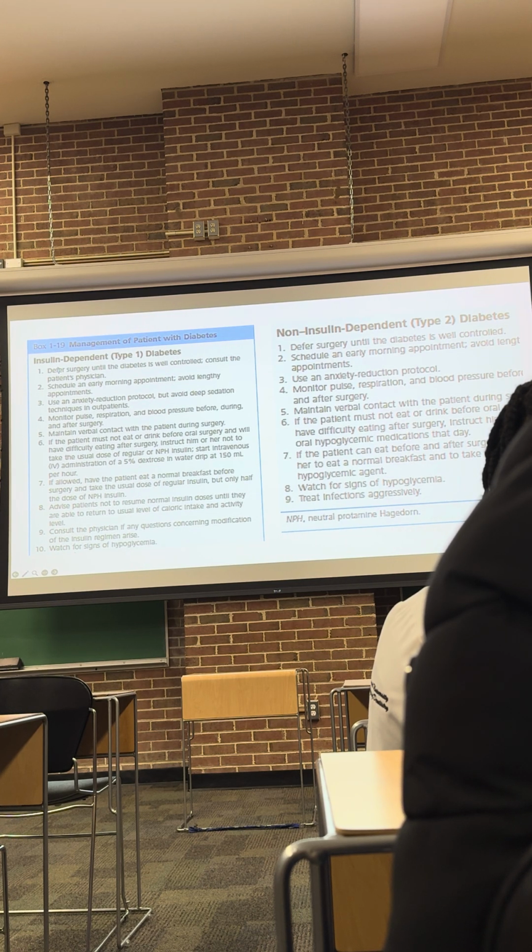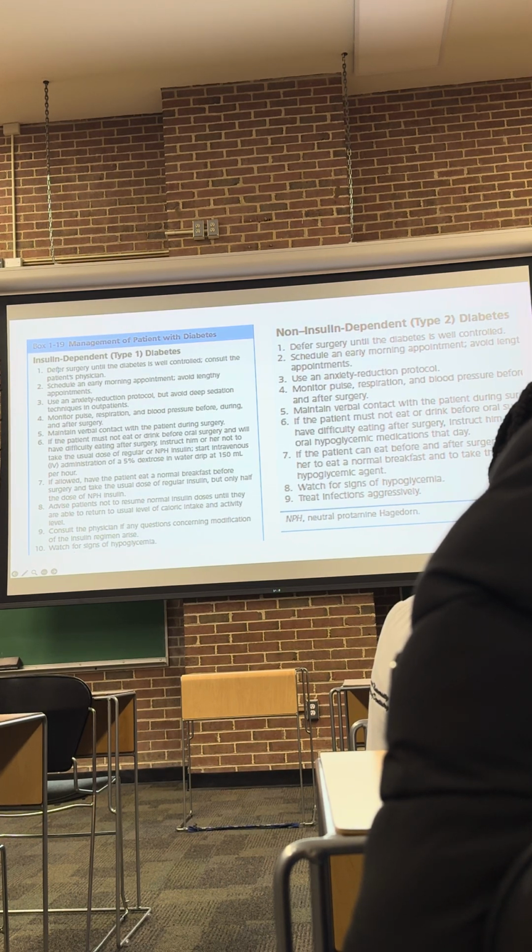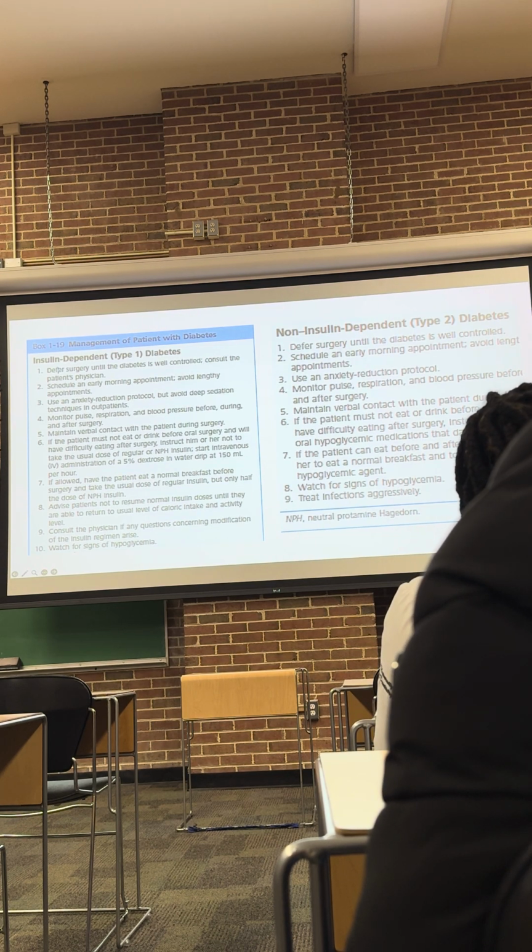But you want to monitor them, put them on pulse ox, check their breathing rate, check their blood pressure, constantly have them on a monitor. Talk them through surgery, because these patients, because they haven't eaten, their sugar levels are starting to get low. They can easily become dizzy and lose consciousness, so it's very important to monitor them.